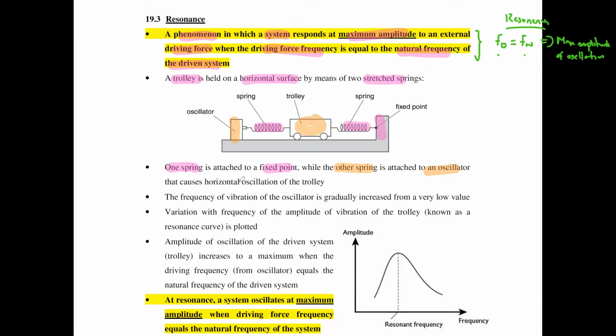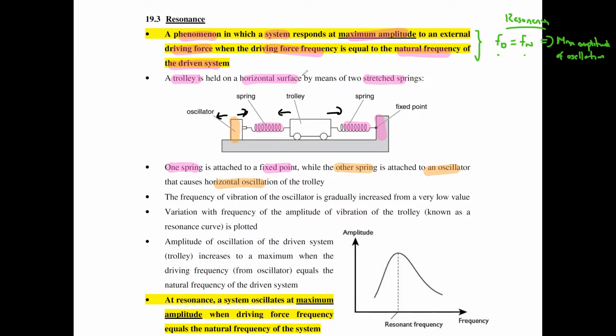So this oscillator is the one that will cause horizontal oscillation of your trolley. If you can imagine this, your oscillator will push and pull on your spring right over here. So when it pushes and pulls on your spring, it also pushes and pulls on the trolley. So in a way, the oscillator here will cause an oscillation of your trolley.